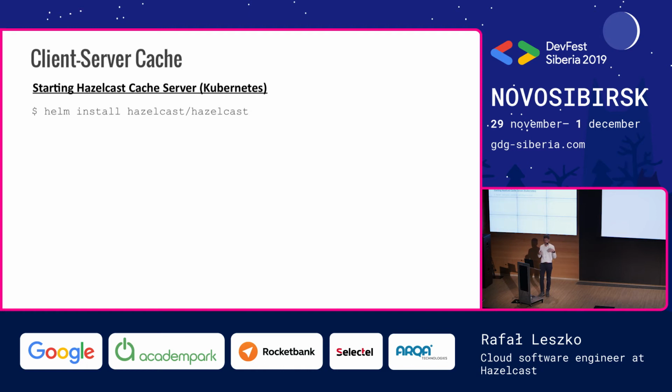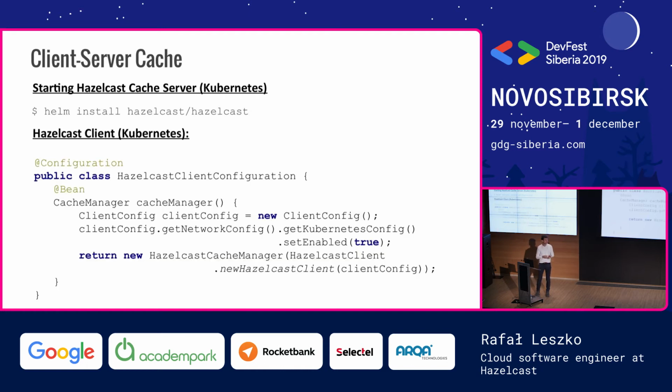So with this one command, you can start the whole cache cluster. Then to connect to this, that would be the Java code for your Spring application to connect to the server. You see that we just specify get Kubernetes config set enable true. It means it will use the Kubernetes plugin to discover the cache server.